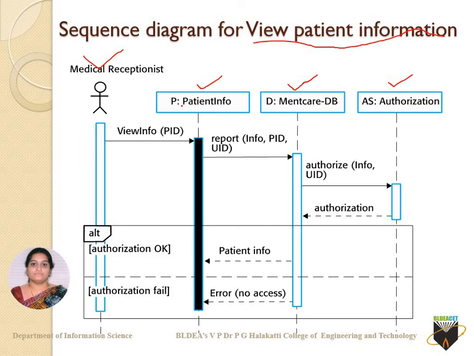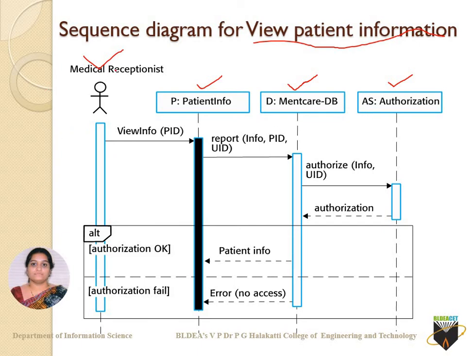Objects included are given; you can either directly write the name, or you can use an object name, colon, and the respective name in elaboration. Now P is an object representing patient info, D is an object representing Medicare, AS is an object representing authorization.